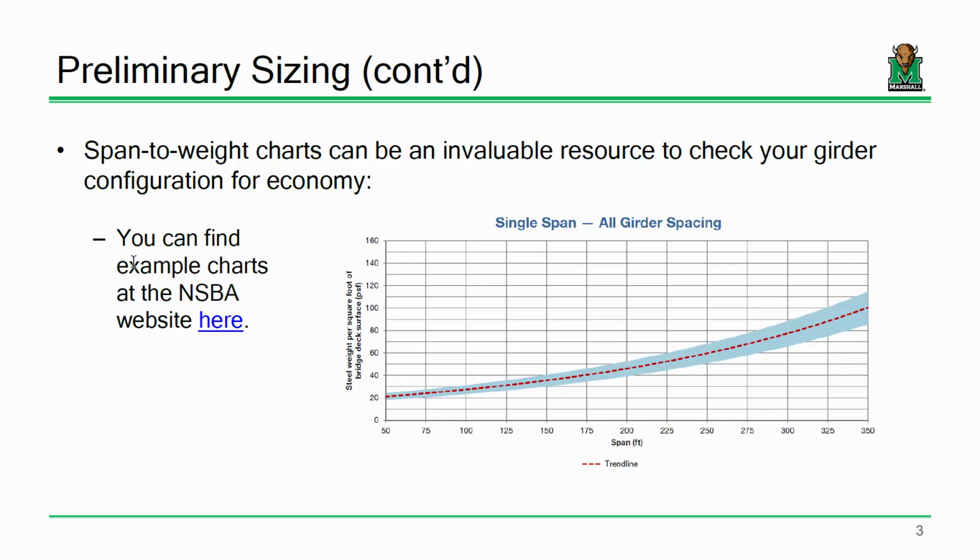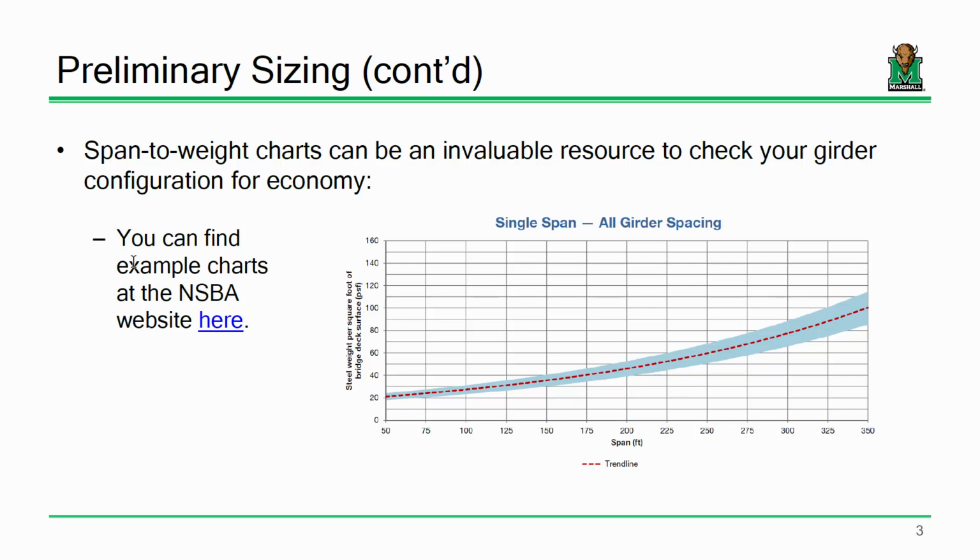So for instance, on the x-axis is the span length, and on the y-axis is the girder weight, essentially in pounds per square foot. The idea is how heavy is this bridge per square foot. The cloud, the maximum and minimum, is the range.